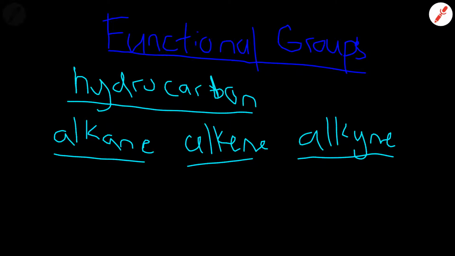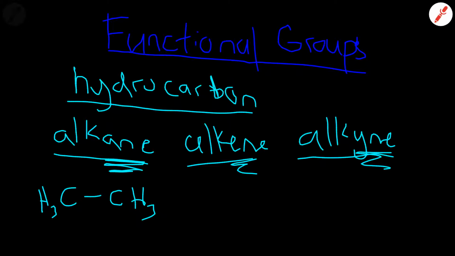The alkane is just going to be a carbon-carbon single bond with hydrogens as well, so CH3, CH3. An ethyl group is essentially our simplest alkane, just ethane. When you're naming these, you use the endings ane, ene, and yne when you're naming the groups.